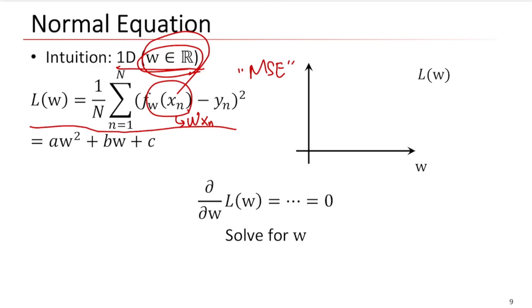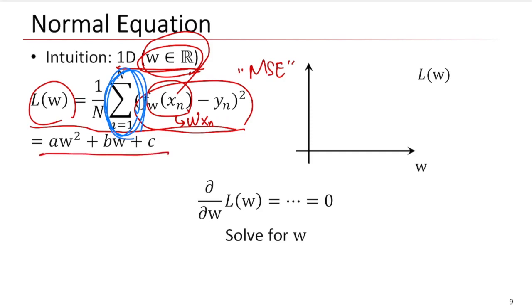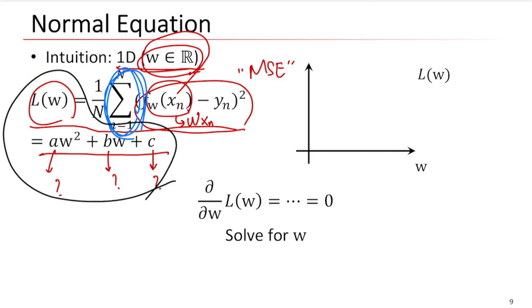If we expand this term with the summation, this function can be represented like this, with arbitrary numbers a, b, c. Anyway, this is a second order equation. The shape of this second order equation should look like this.